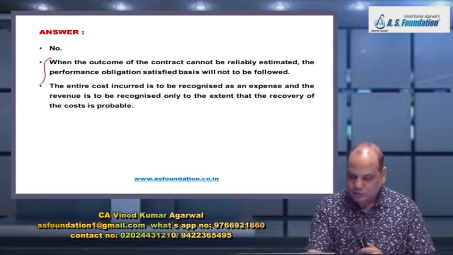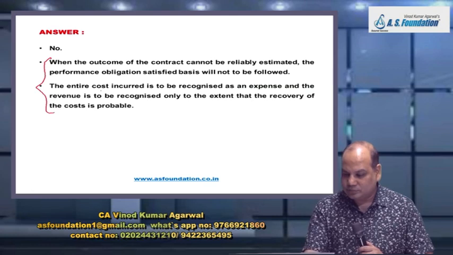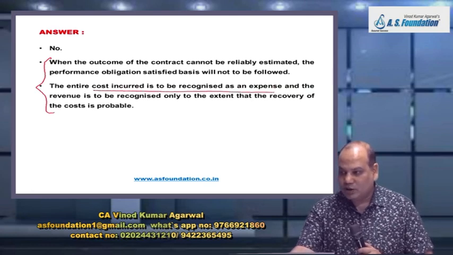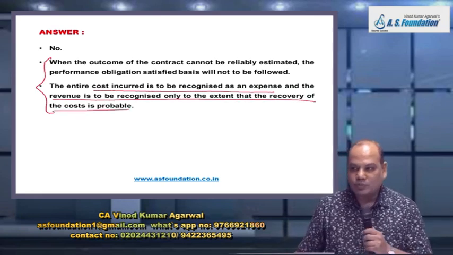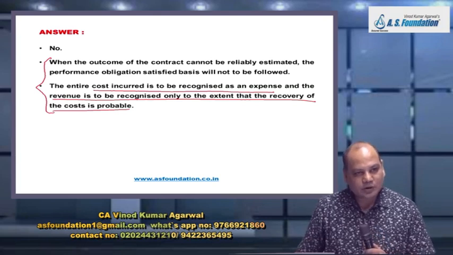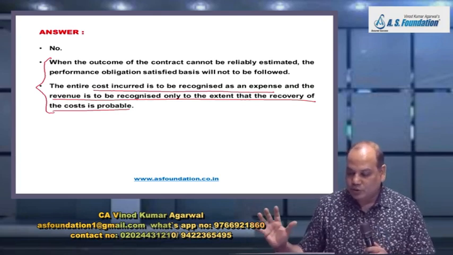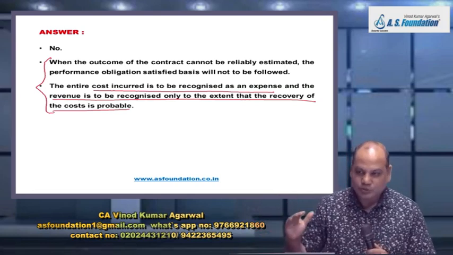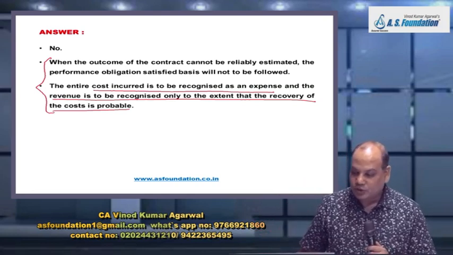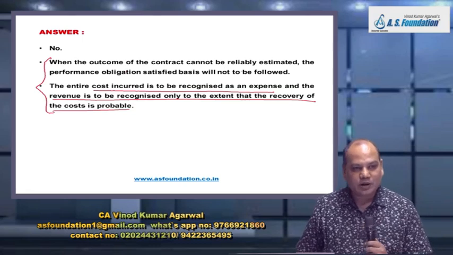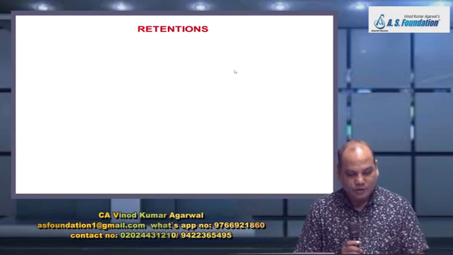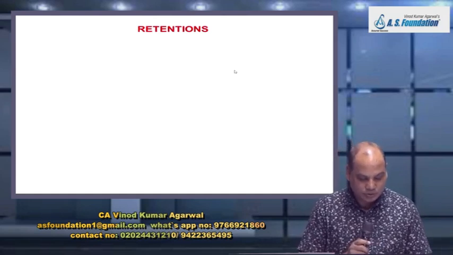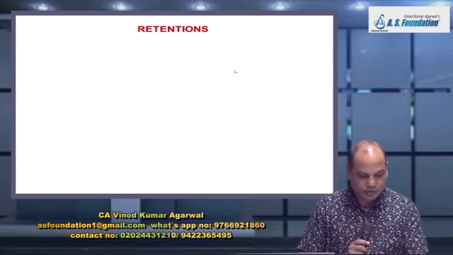The provision is that if the outcome cannot be estimated reliably, cost incurred will be recognized as expense. Revenue will be recognized only to the extent the recovery of the cost is probable. Is it right? So this is the standard provision for those contracts whose outcome cannot be estimated reliably. That is, you don't know what would be the end result of this contract. Now we will take a break.